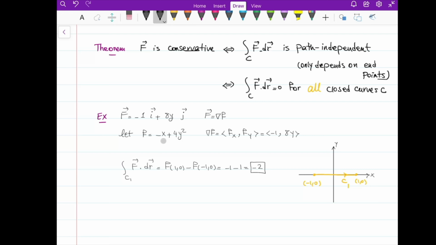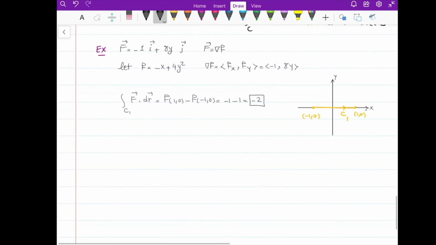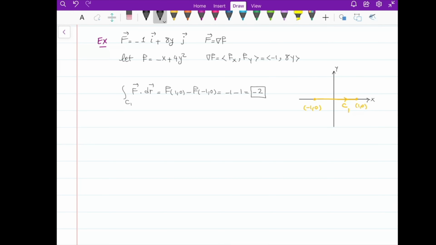Now this is using the fundamental theorem of line integrals. If I want to calculate this line integral using parameterization, I need to find the parameterization.